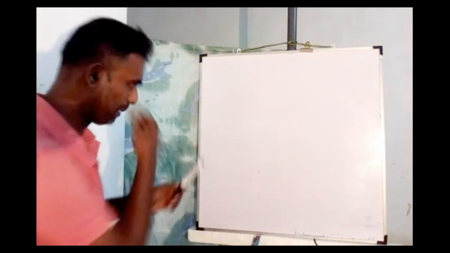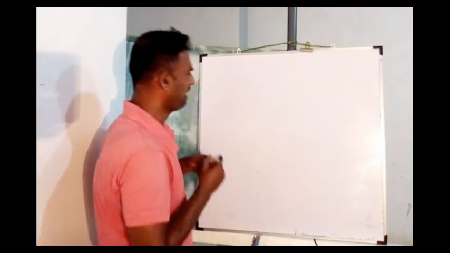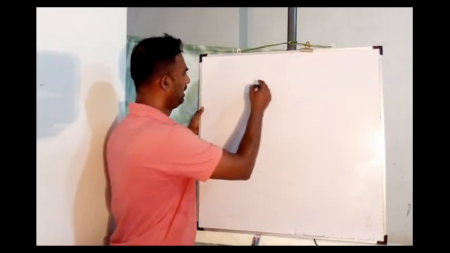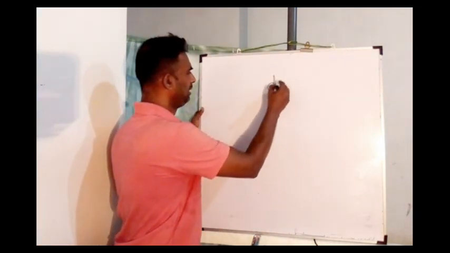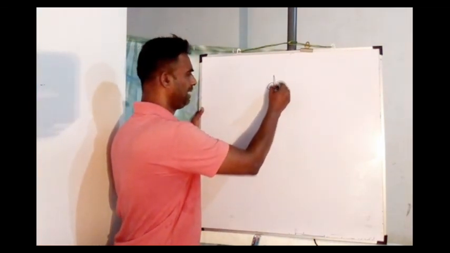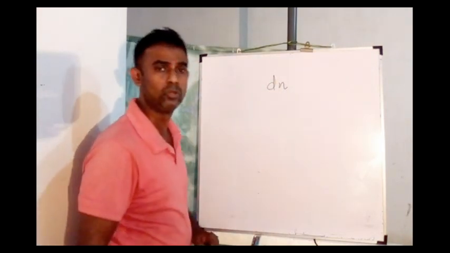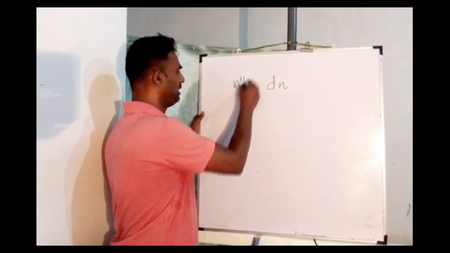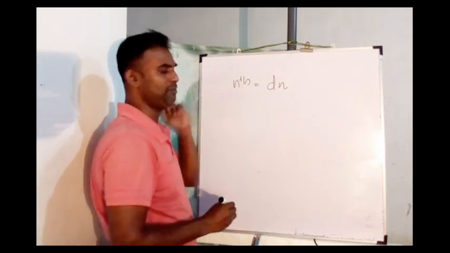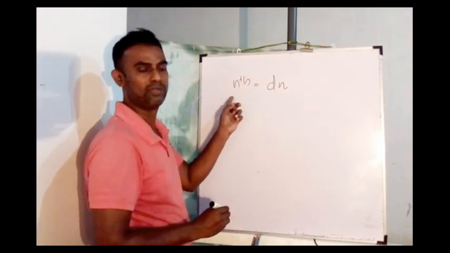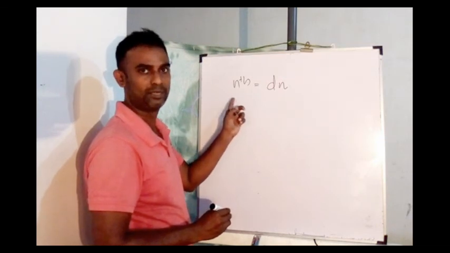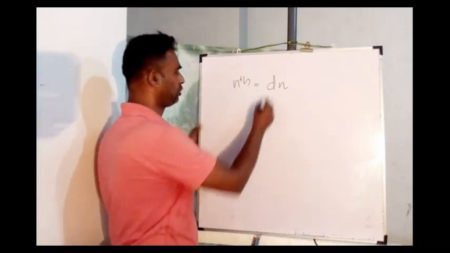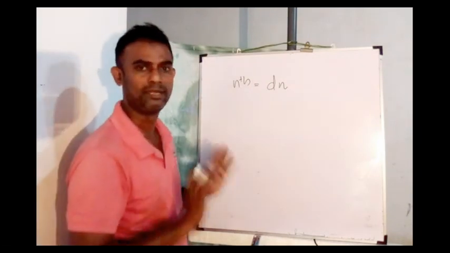How we find the nth term? D into n. This is the equation for the nth term, the common term.